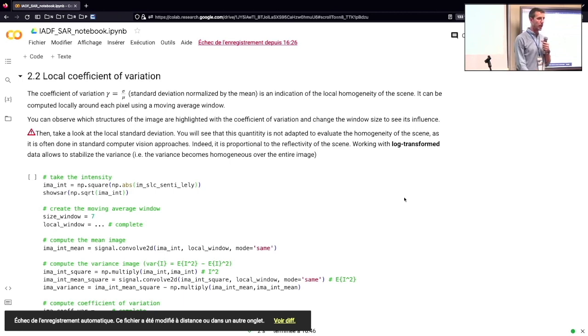So you have to normalize your standard deviation by the mean if you want to look at the homogeneity of the scene. And well, this simple indicator is called the coefficient of variation. It's really simple to compute. We're going to compute it locally on the whole image by using a moving average window.